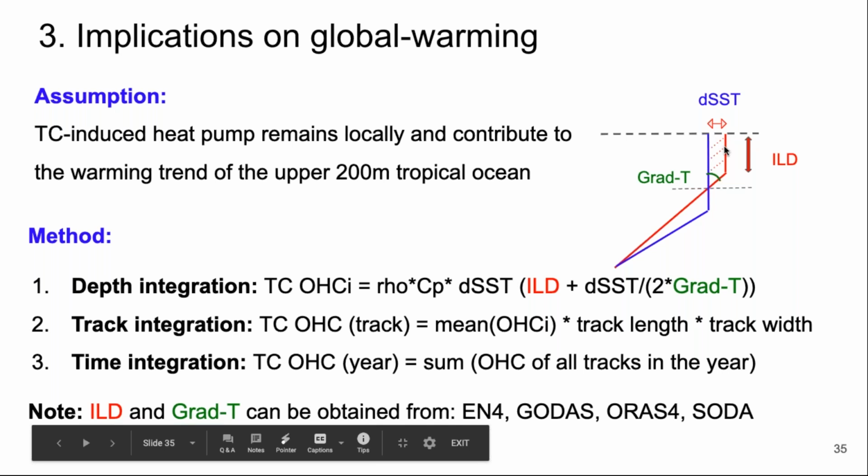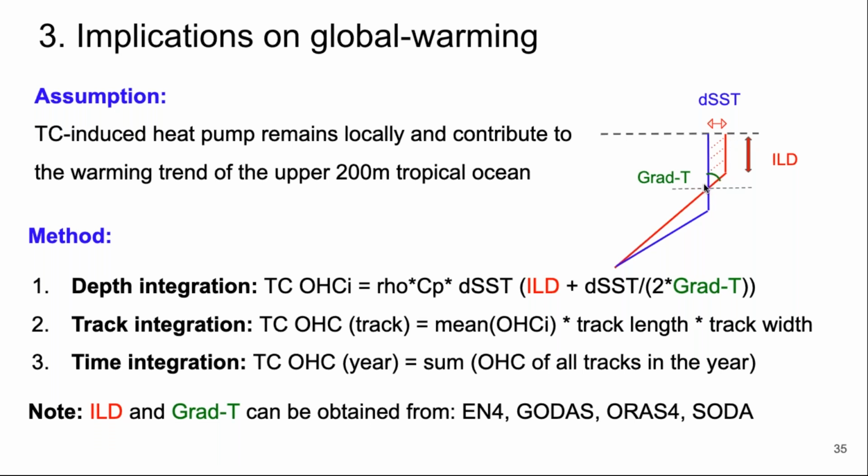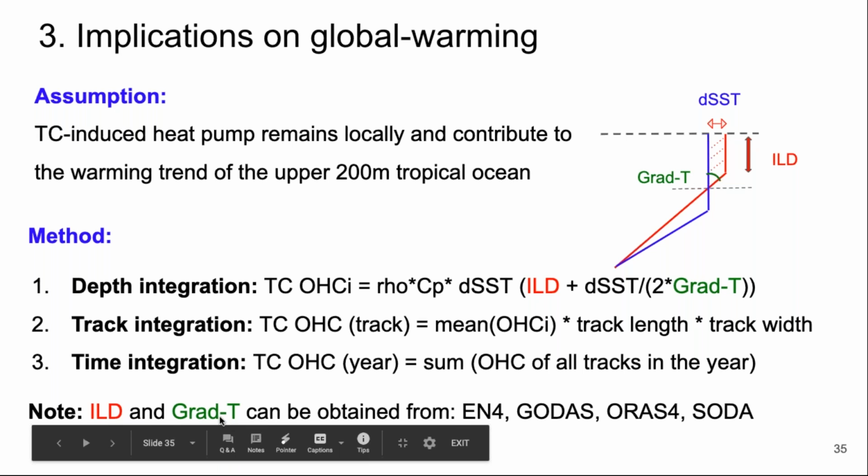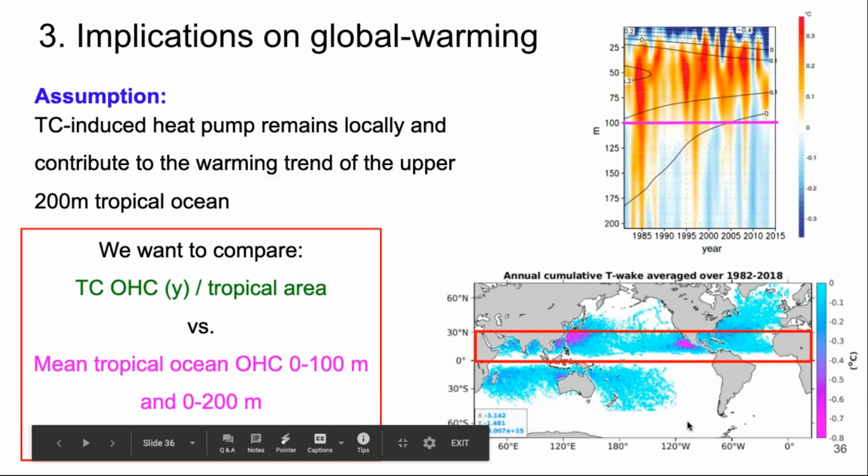In order to compute this, there are two parameters, that is the isothermal layer depth and the temperature gradient that we need from the ocean. And in this study, we obtained them from four different ocean reanalyses: EN4, GODAS, ORAS4, and SODA.